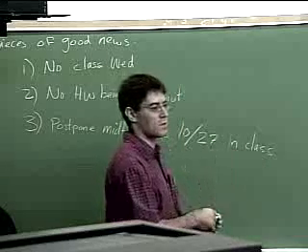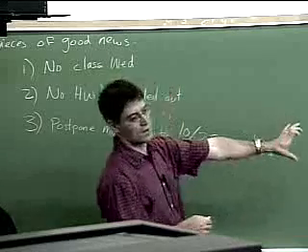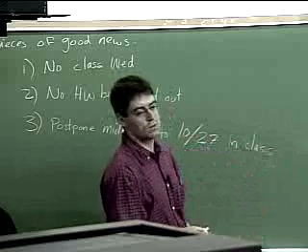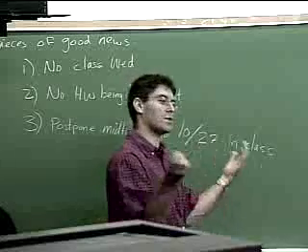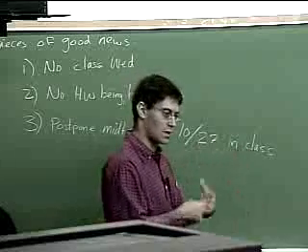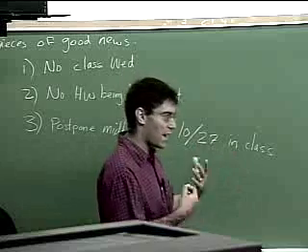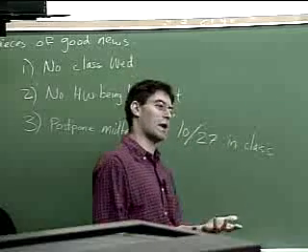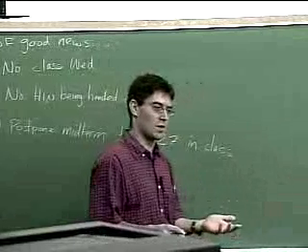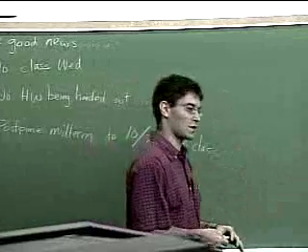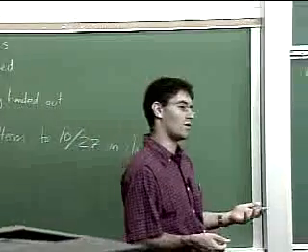Like, if you want to know if a number is divisible by 2, all you got to do is look at the last digit. If you want to know if a number is divisible by 3, you just add all the digits together, and keep adding them together until you're left with one digit. Keep repeating that process. And if that's a multiple of 3, 3, 6, 9, then it's divisible by 3. But there are lots of things that have known tricks like that, or that we know of.